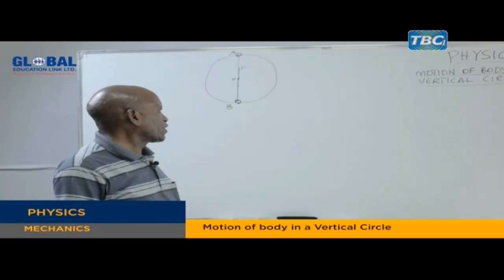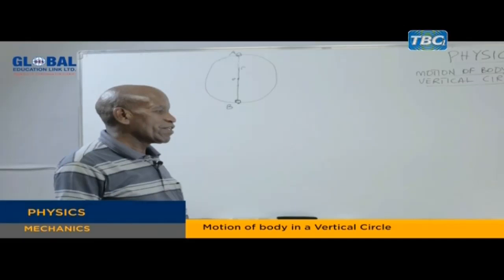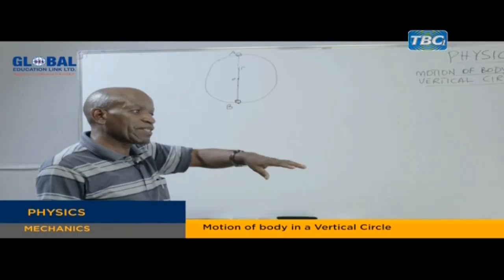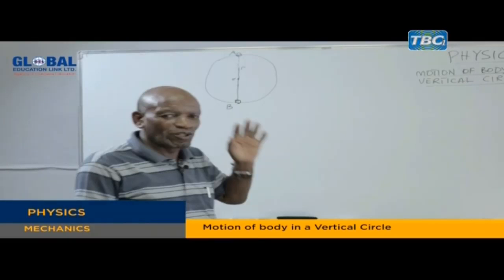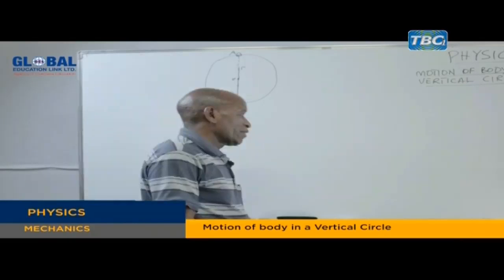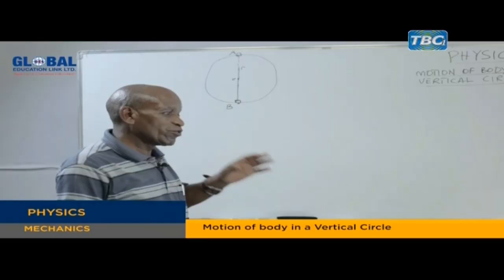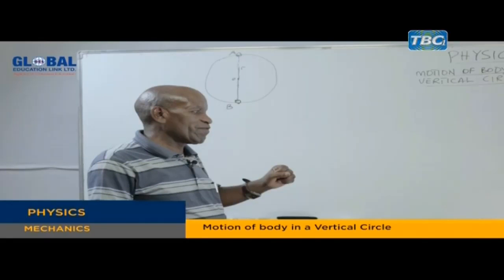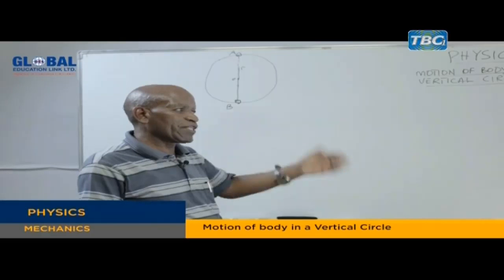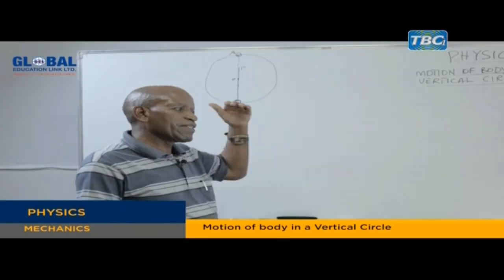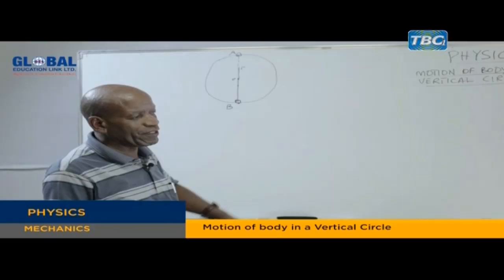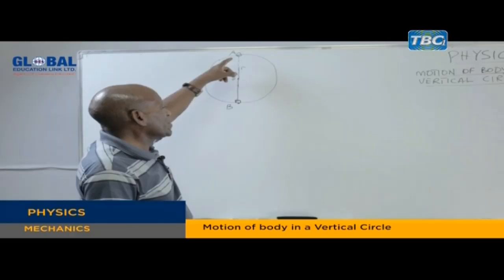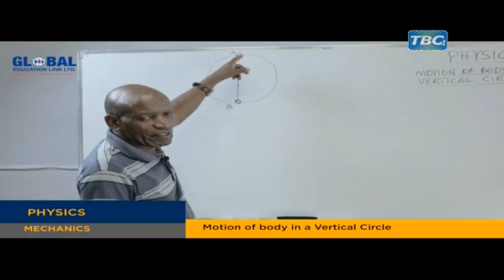So we could just be able to see if actually the string will become slack or remain tight at the highest point or not. To determine if the string will slack whenever that bucket passes at the highest point, we need now just to determine what will just be the minimum velocity.